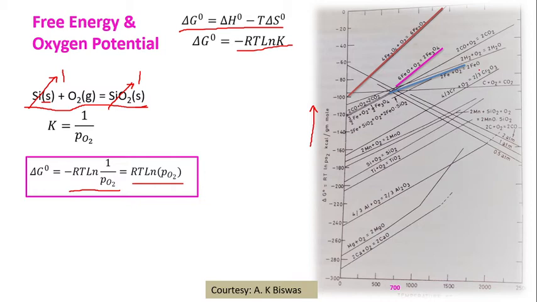This indicates that in a reducing atmosphere, that means in the atmosphere of a blast furnace, which is a reducing atmosphere, Fe2O3 or hematite reduces fast as it has higher oxygen potential.